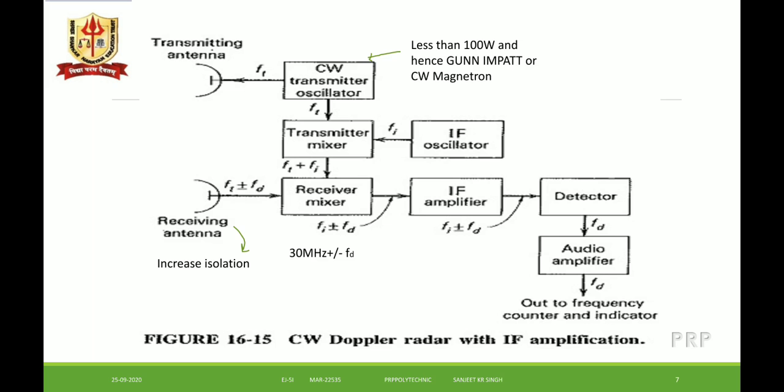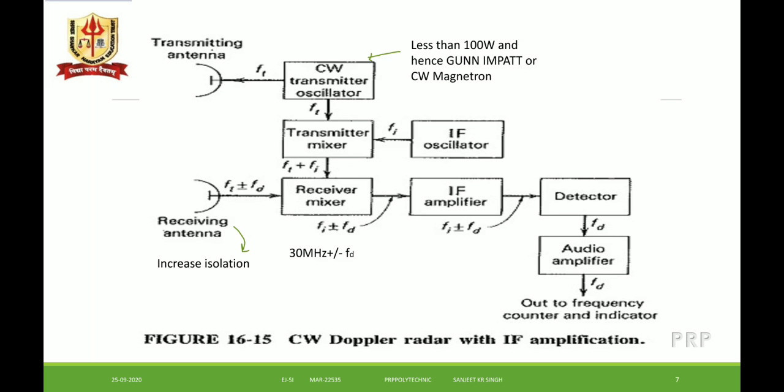The output of the mixer is amplified and demodulated again, and the signal from the second detector is just the Doppler frequency. Moreover, its sign is lost, so it is not possible to tell whether the target is approaching or receding.